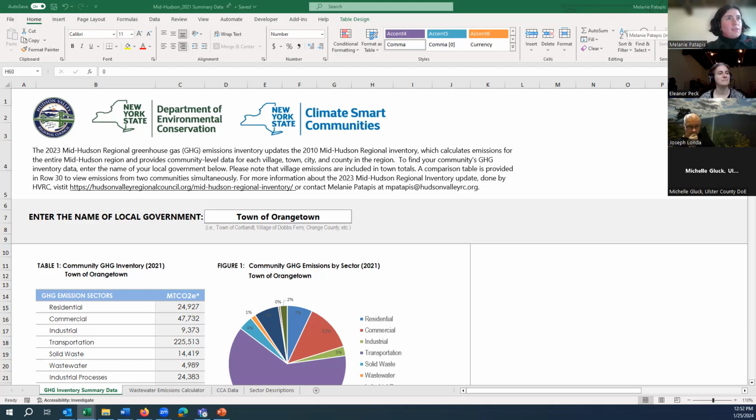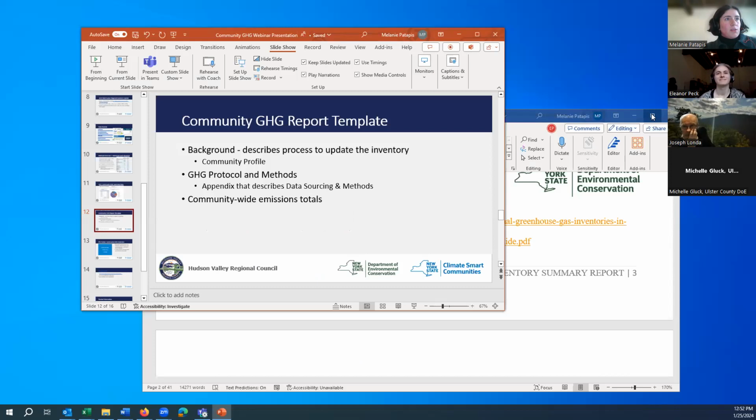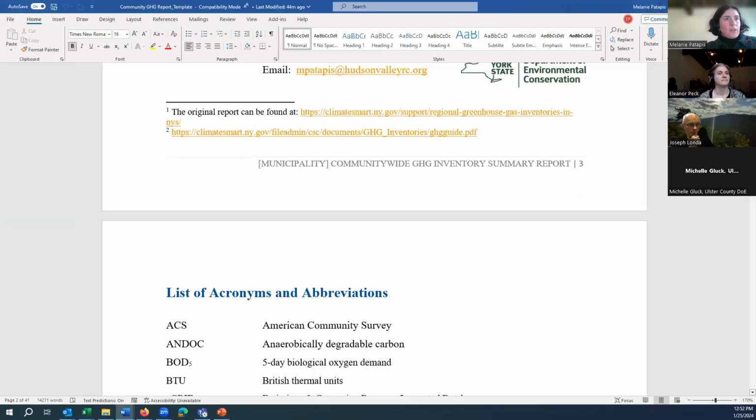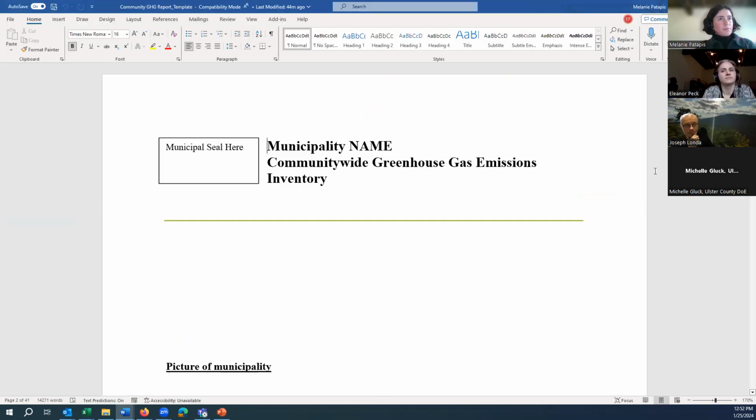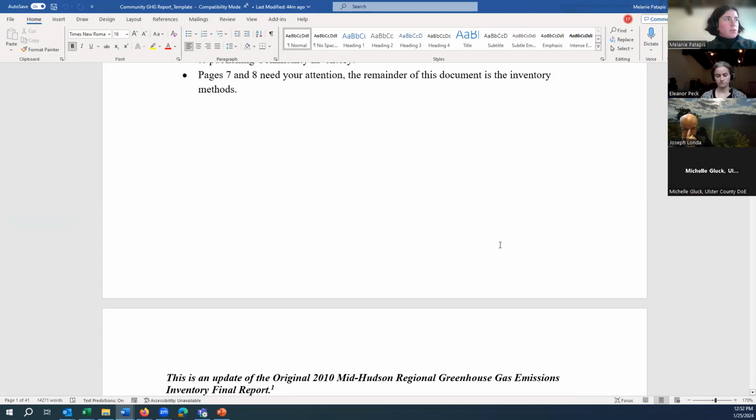Yeah, for the moment. Okay, so I'm going to move over to the report template. This includes a background that describes the process to update the inventory, and a place for you to input those figures.